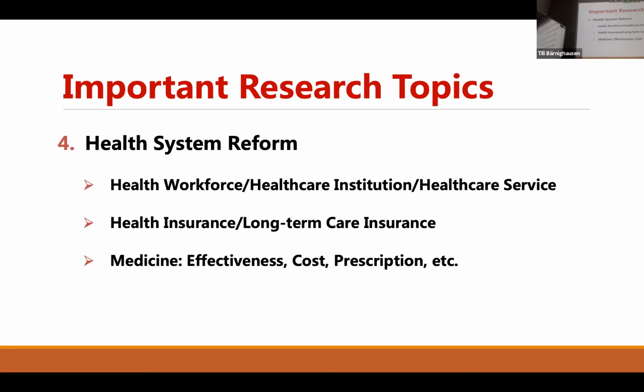There are many things within the management of healthcare institutions that affect healthcare service delivery and provision. And then there is the healthcare service system. So how do you design the system?